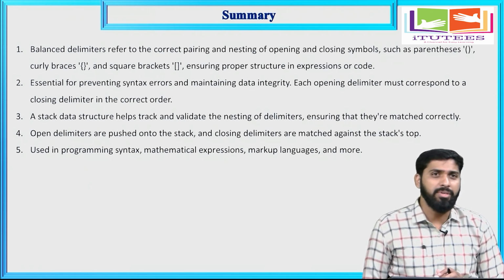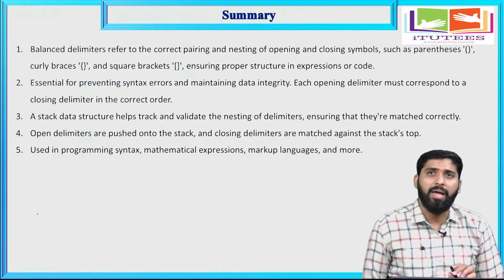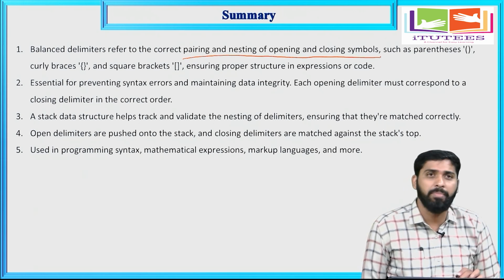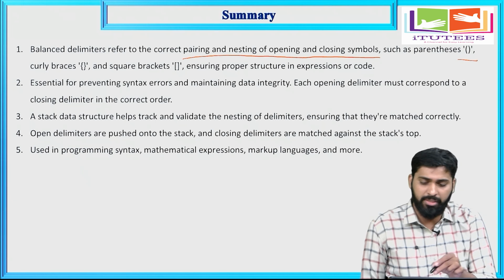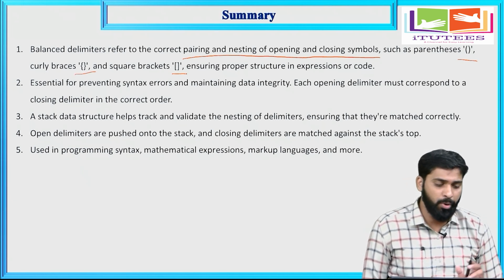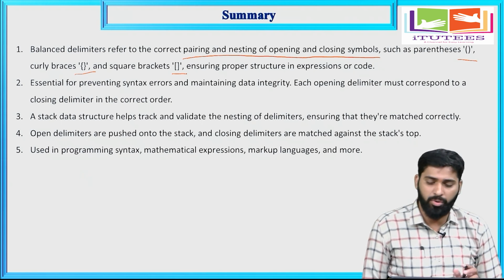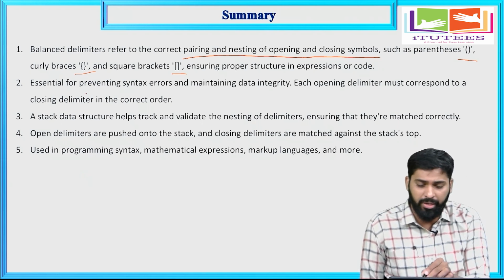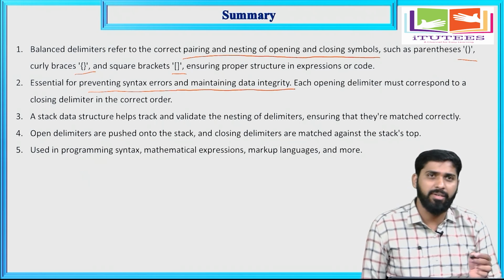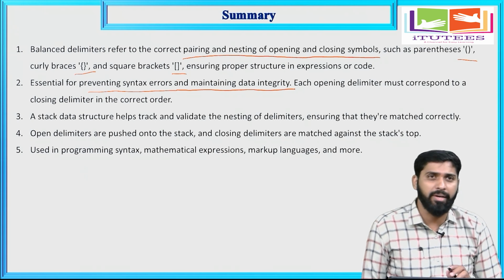So, coming to the summary of today's class. Balanced delimiters refers to the correct pairing and nesting of opening and closing symbols such as parentheses, curly braces and square brackets, ensuring proper structure in expressions or code. This is essential for preventing syntax errors and maintaining data integrity. If you write any program and miss any bracket, it raises syntax errors.